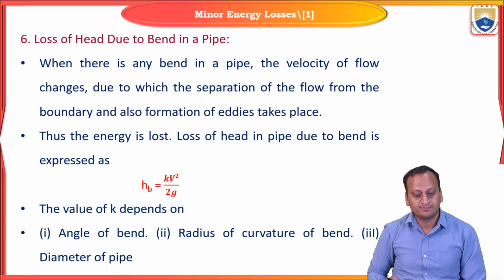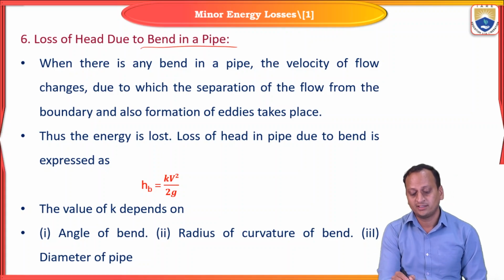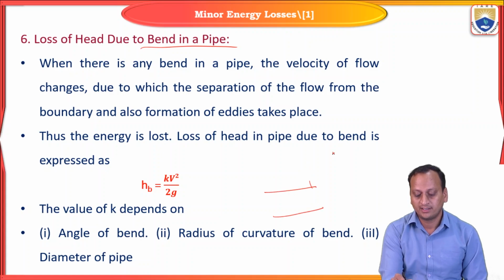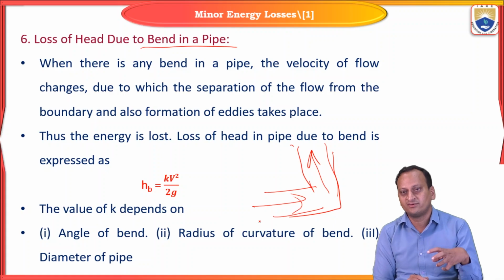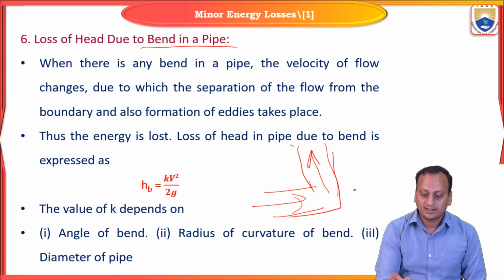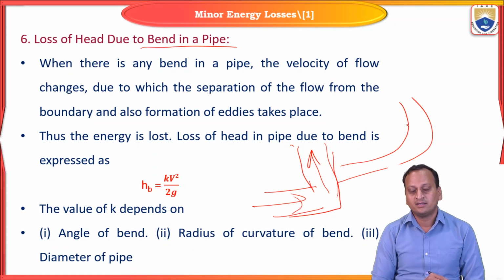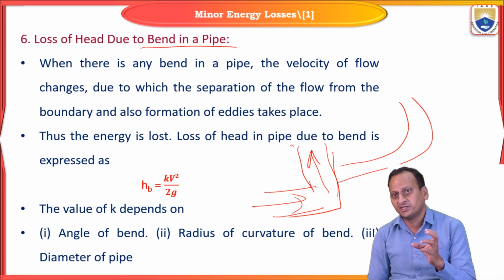Next, the sixth minor energy loss is due to a pipe bend. When the elbow is there like this, when the fluid is converting from this direction to this direction, the sharp edge will be there. So during conversion, momentum will be reduced and energy loss will take place. If flow separation exists, and even if it is a smooth curve, there will be a reduction in momentum or velocity.